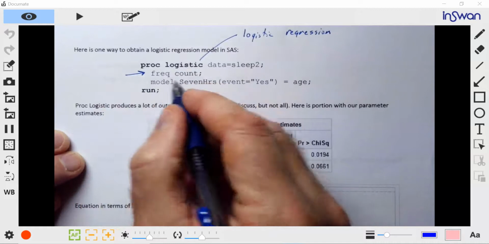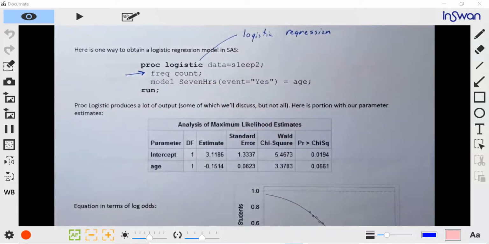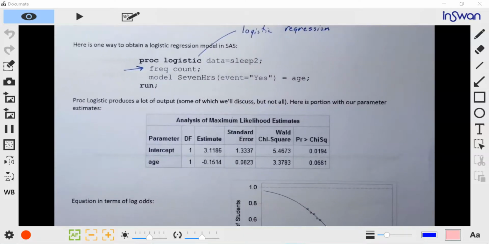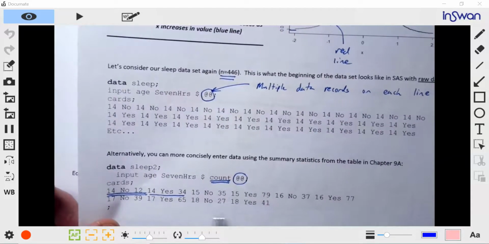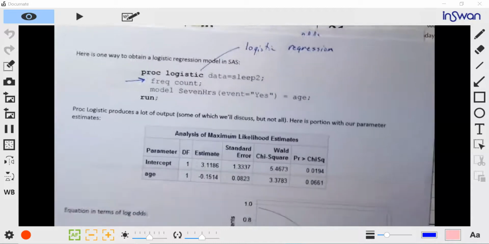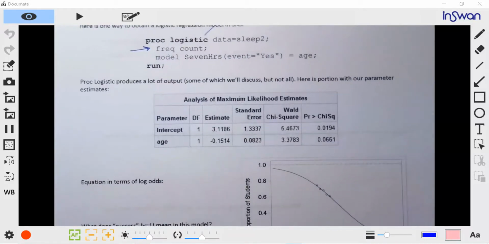If we're going to use the summary statistics approach, where we enter the summary statistics in our table, we have to tell proc logistic that we're doing that.